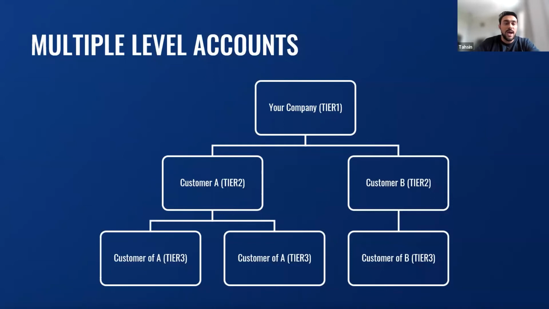And then we have the multiple level accounts here. A little bit about the multiple level accounts that we have in the RMS. We have hierarchy systems with the possibility to manage lower tier companies. So the company 1, tier 1, I'll explain in the next slide. It's pretty much the admin, which gives you custom access to customer A, B, and then we have guests, clients, and all of these other accesses in tier 3.